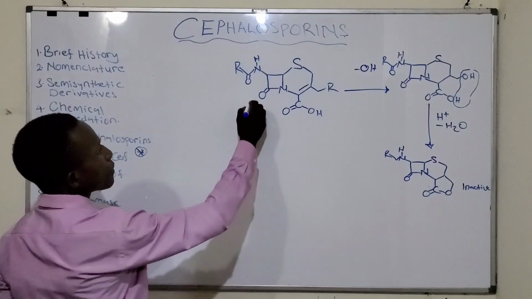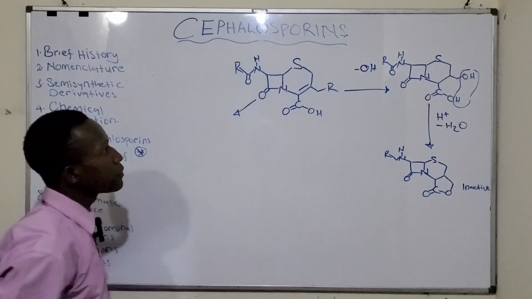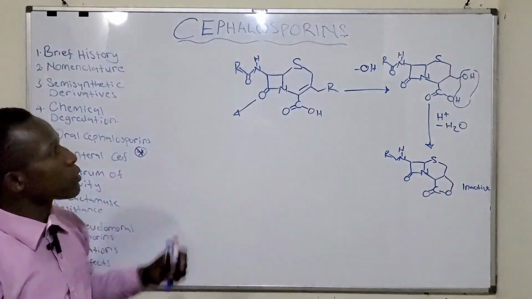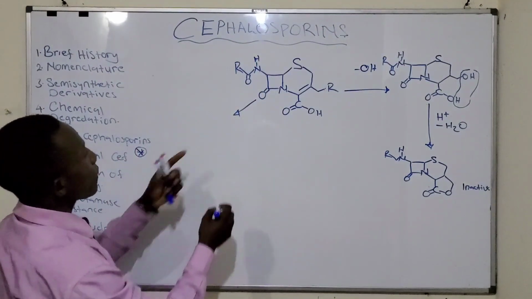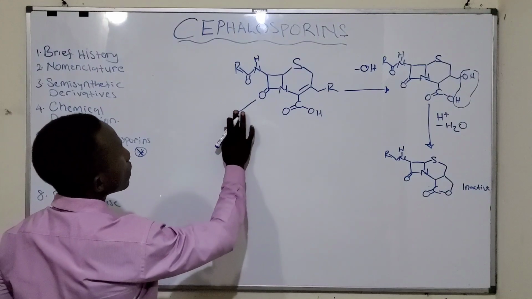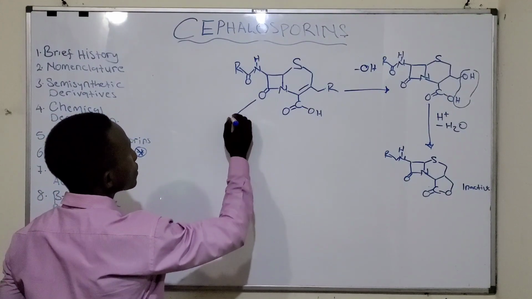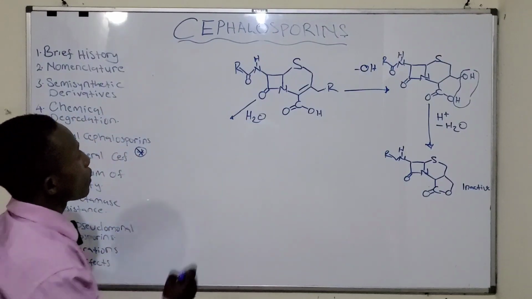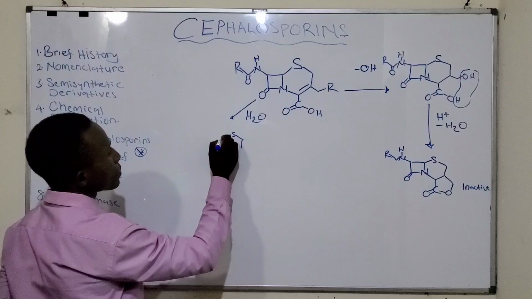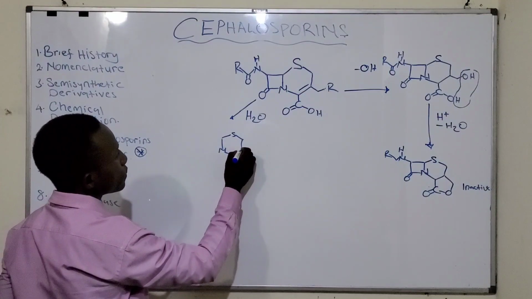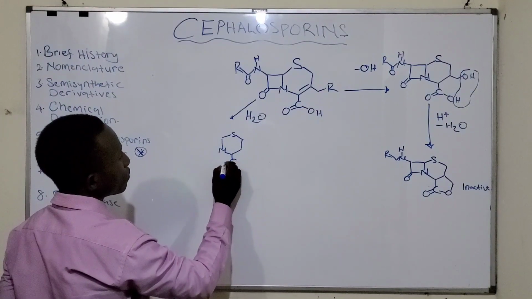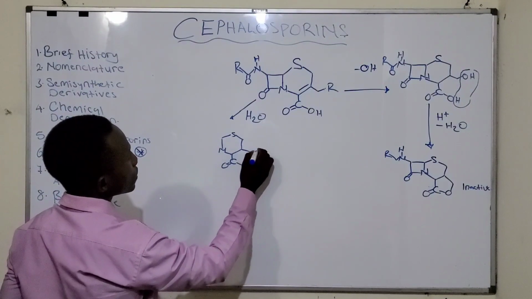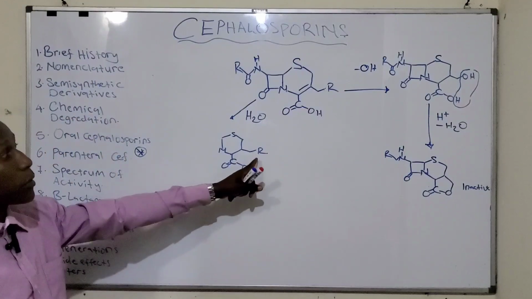Then they can be degraded by deacylation of this group. Remove the acyl group. So here, the deacylation by acylases, we shall undergo hydrolysis, where we form this compound. R may not be touched, it may remain.